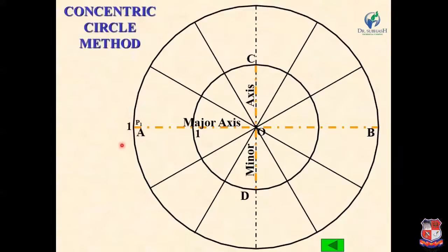Now here you can see this point is 2. Draw a vertical upward line from this point 2. Similarly, from the point 2 dash on the inner circle, draw a horizontal line, and the intersection point of this vertical and horizontal line is P2.